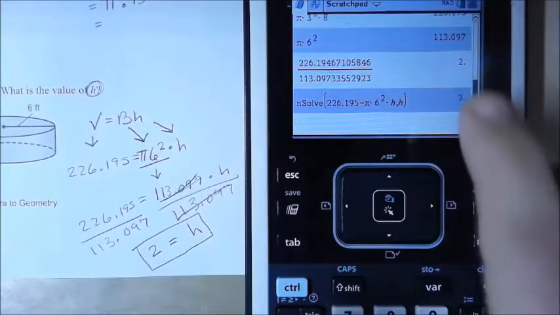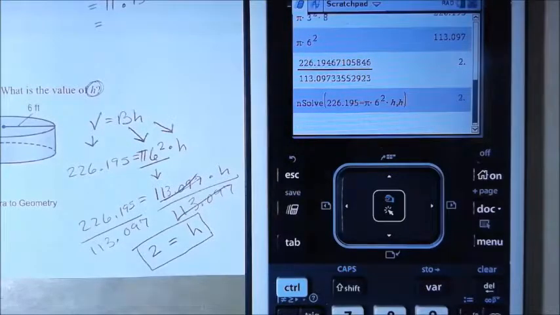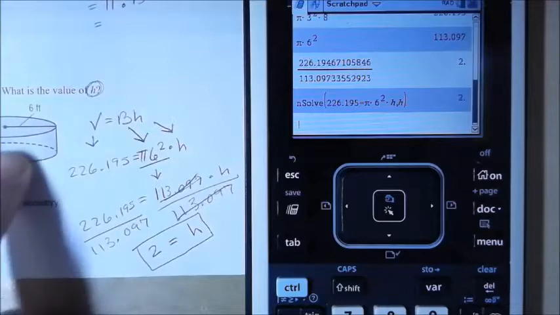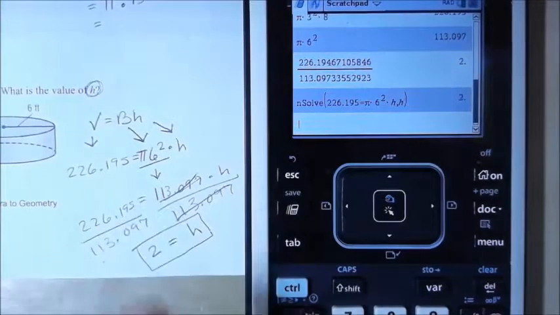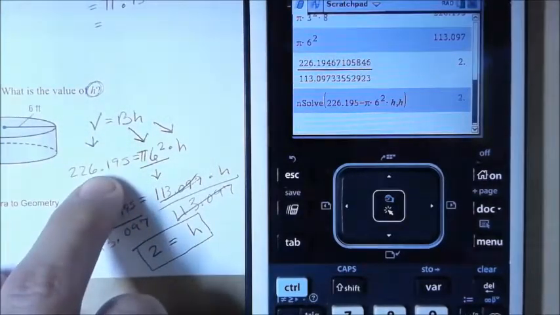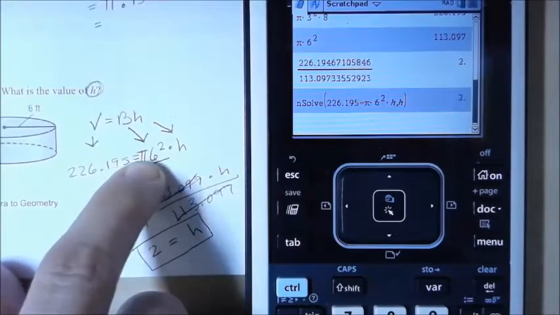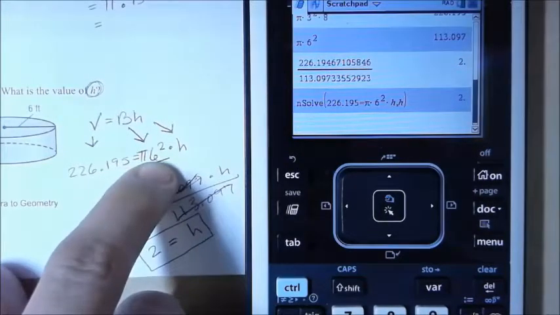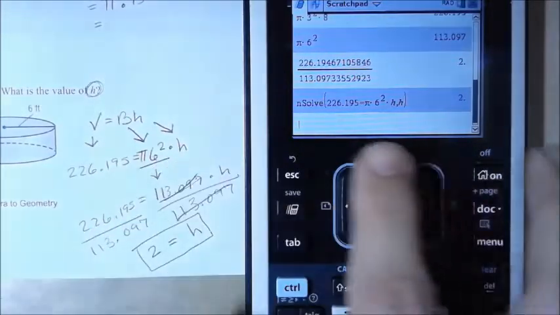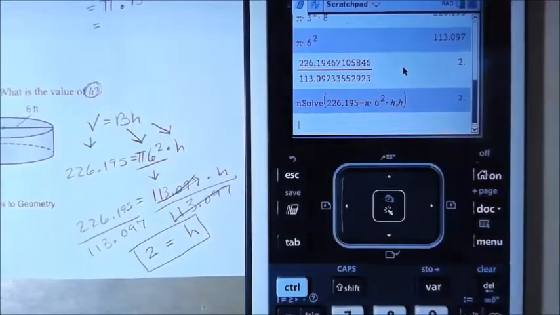Hit enter, and there it is. So we could have done it by hand like we did over here, or we could have just set this up and said, here's the volume, it's equal to V, and then the volume equals big B times H, and then just put this in numerical solve and solved it. Either way.